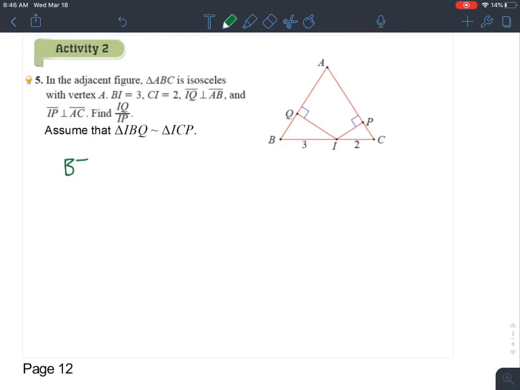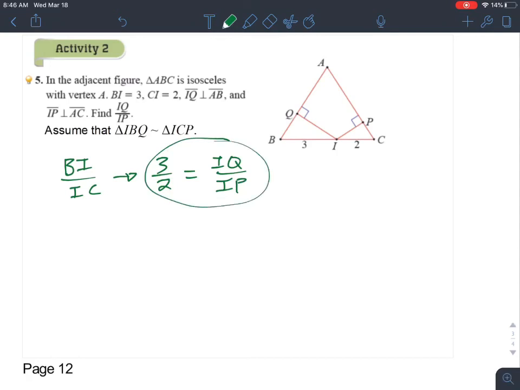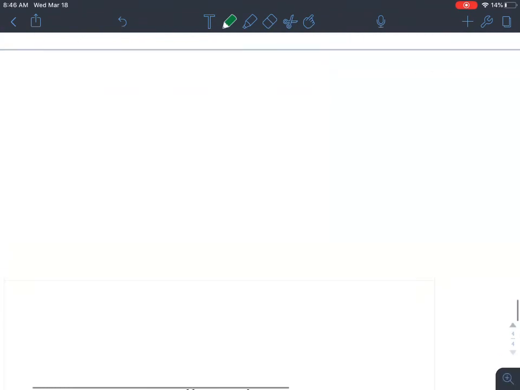So we just need to say then, okay, well, BI over IC, that's going to be 3 over 2. And if we know that that is 3 over 2, since these two triangles were similar, then the same thing must be true for IQ over IP. So there you go. There is your ratio, 3 over 2.